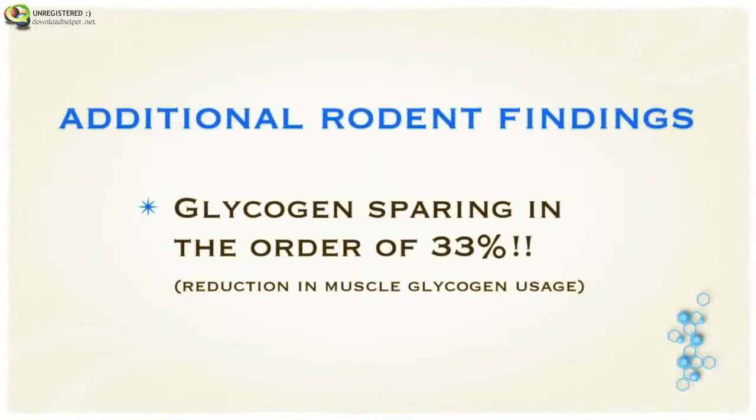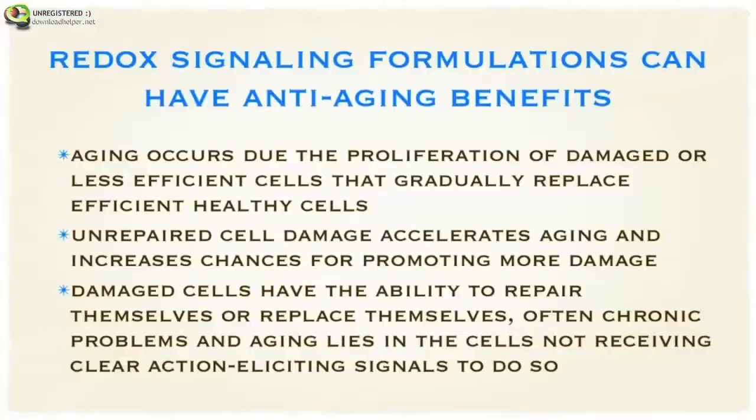Additionally, after doing muscle biopsies, they determined that there was sparing of glycogen, in other words, a reduction in muscle glycogen usage by 33%. When we don't burn our glycogen, we have better endurance, more stamina, and easier recovery. Additionally, there was preliminary evidence that there was some mitochondrial biogenesis as well.